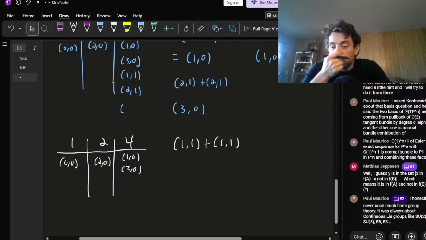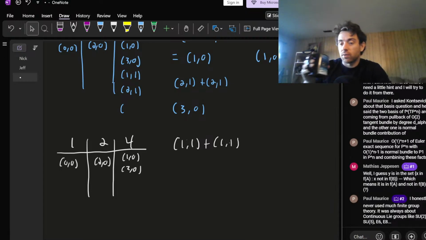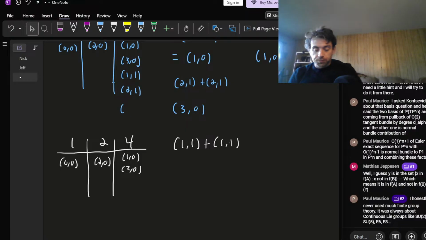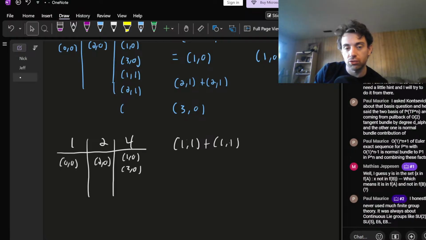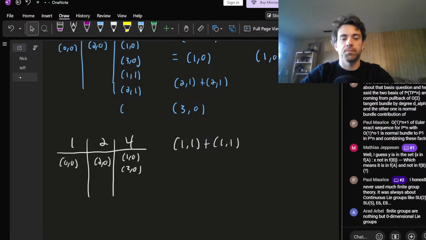You've never used much finite group theory. It's always about continuous Lie groups. Yeah, I would say I also don't use much finite group theory. Actually, that's not true, because the stabilizers, the equivariant fundamental groups that come up in my work are finite groups. But yeah, I'm working with p-adic groups and stuff. Yeah, finite groups are nothing but zero-dimensional Lie groups. True.